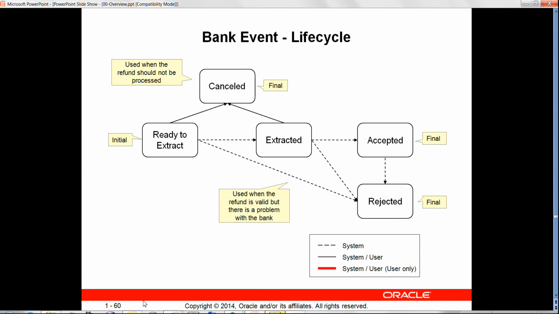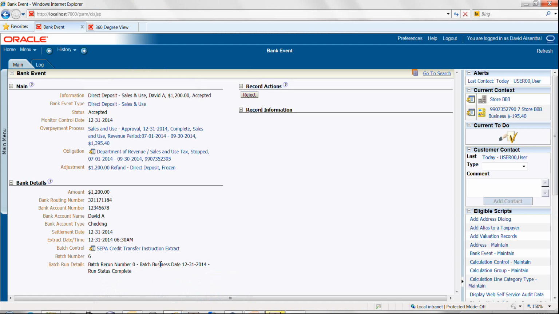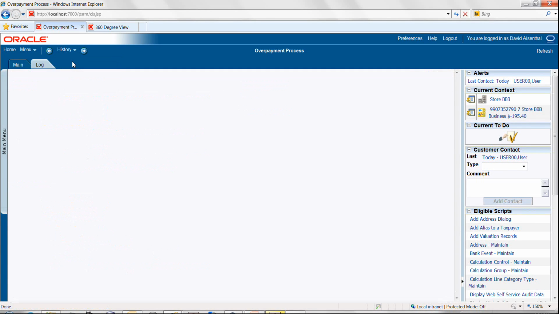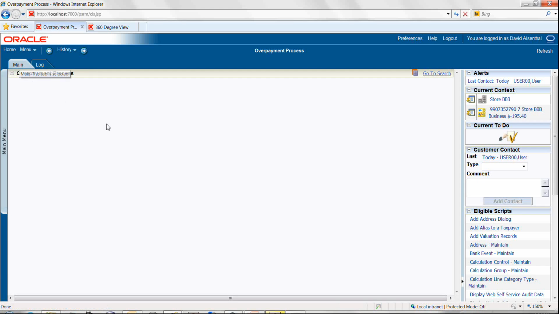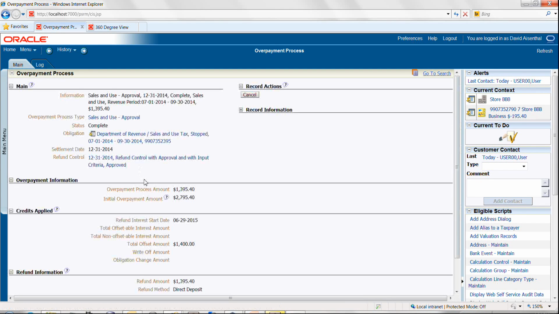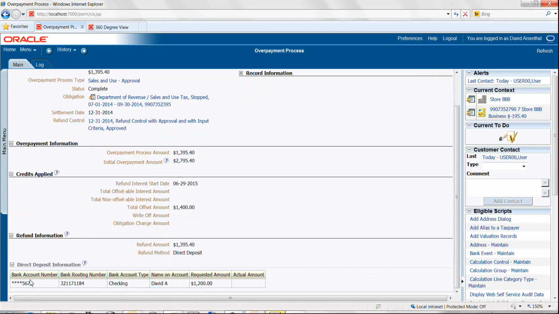And now, only now, will we be able to see that direct deposit has been done to the taxpayer based upon the information that they gave us, and the information was filled in over here, if you remember, to give us direct deposit to this particular bank account and this routing number and the requested amount of 1,200. So 1,200 was given back, and there is still a balance for 195 because the total amount was not requested.